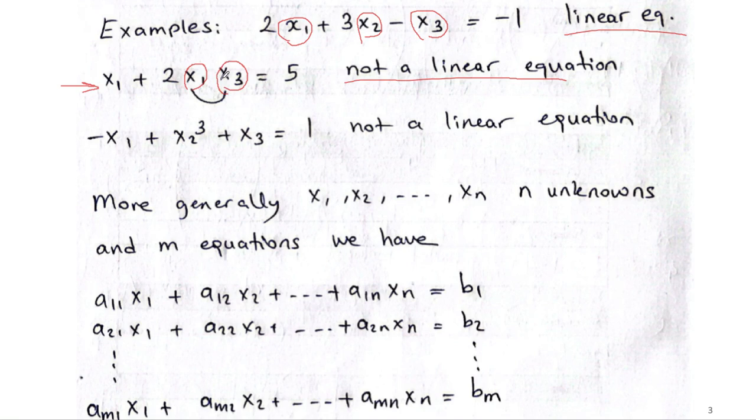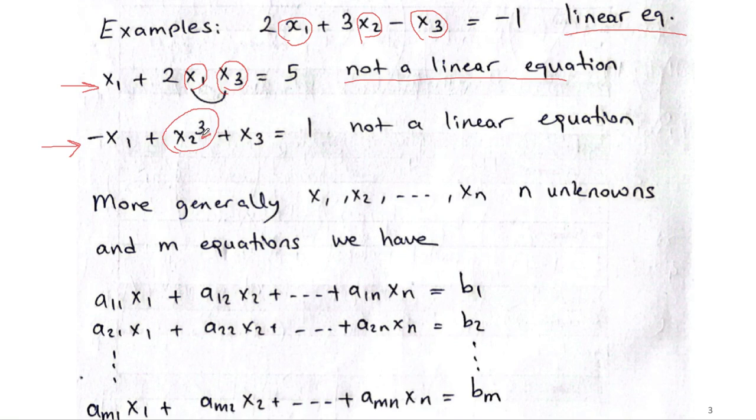So you can think of this as a cross term, or we might have some higher order terms in x1, x2, or x3. Then we will call this not a linear equation. And in the second example here, as you see, we have the cubic power in x2, so this is no longer a linear equation.